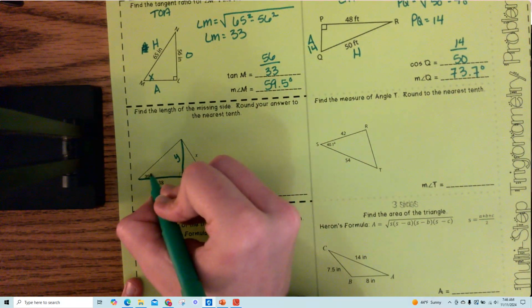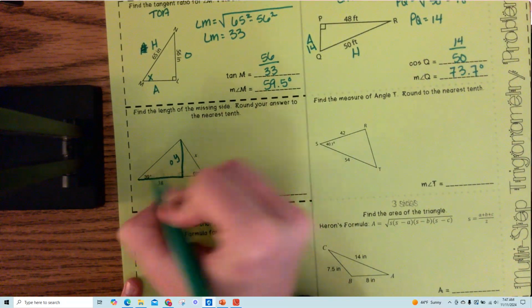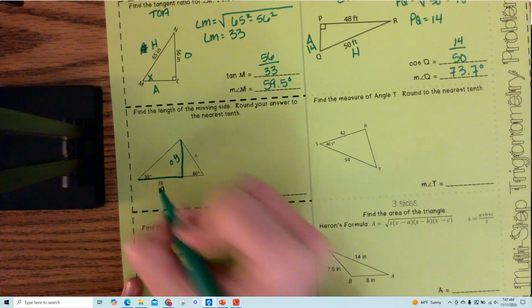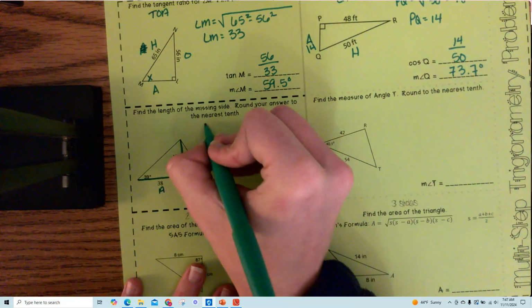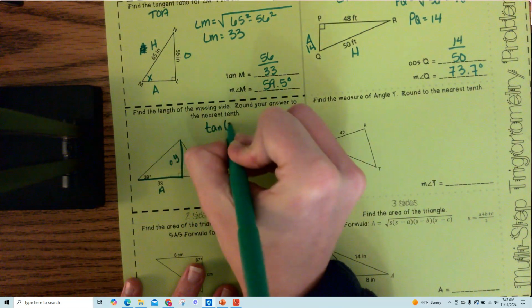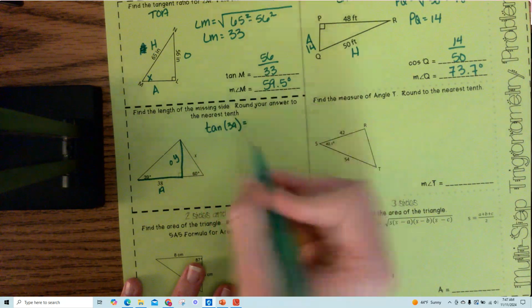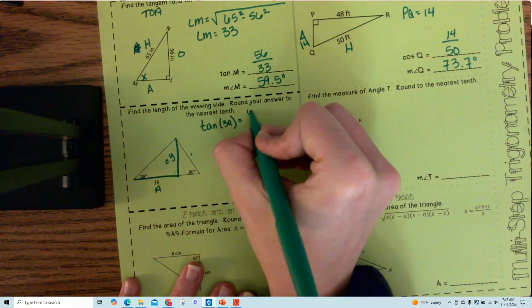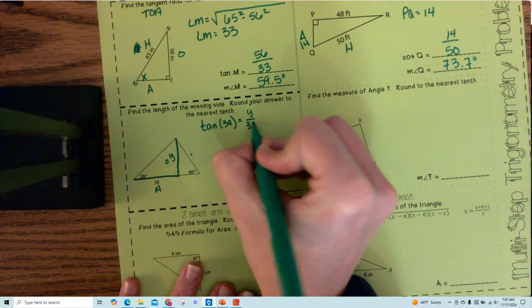So let's call that piece y. So y would be opposite of the angle and 38 would be adjacent. So I could do the tangent of 39 equals opposite, we don't know what the opposite is, over the adjacent.